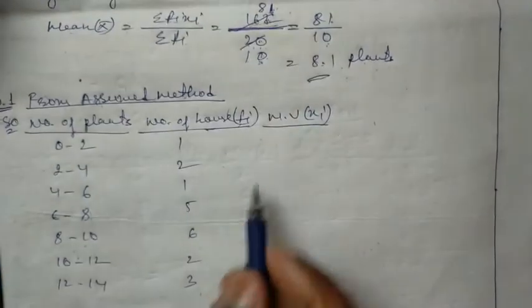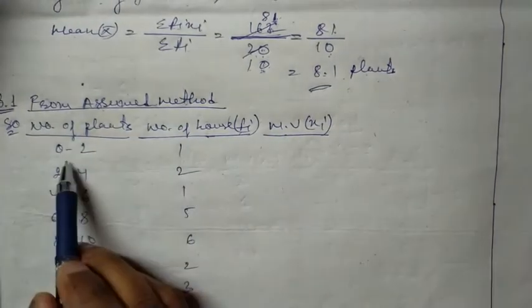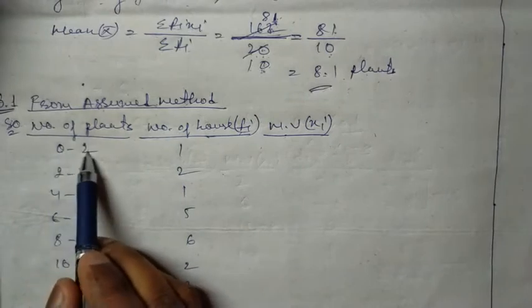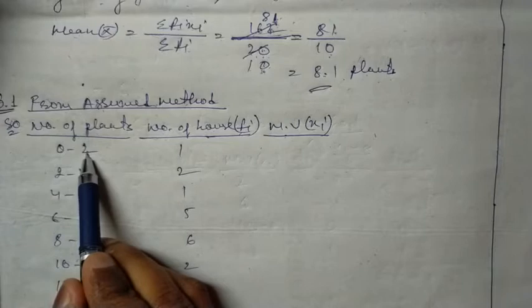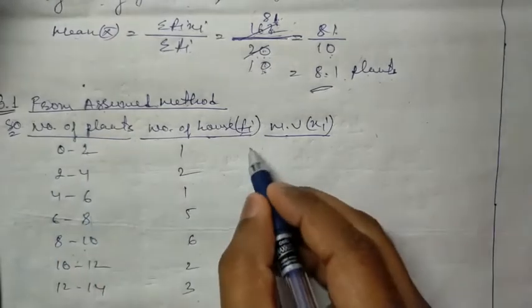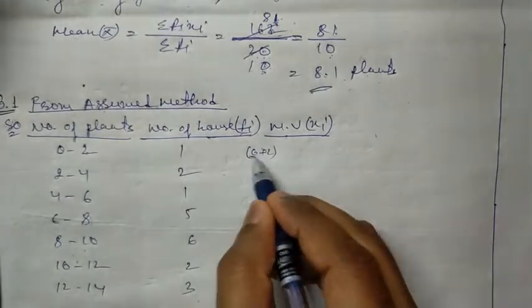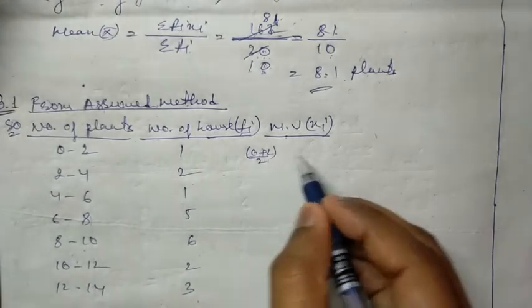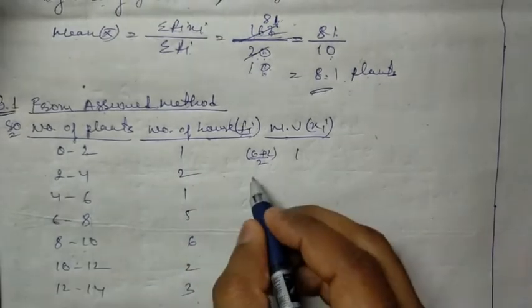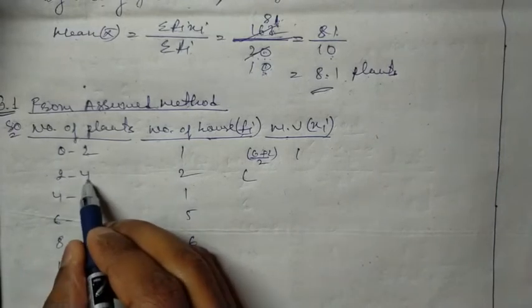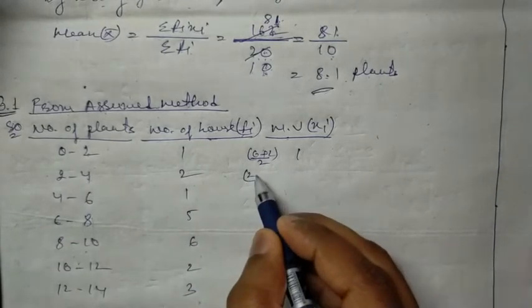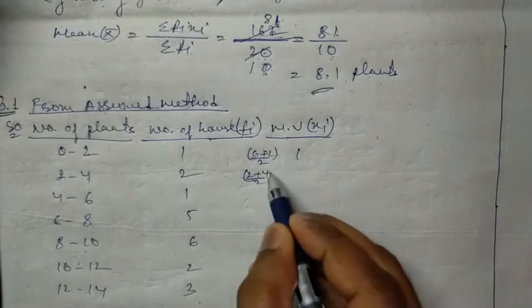How can we find the mid value? As we know, 0 plus 2, that is lower limit plus upper limit, divided by 2. What will we get? 1. Again, this is lower limit plus upper limit divided by 2.